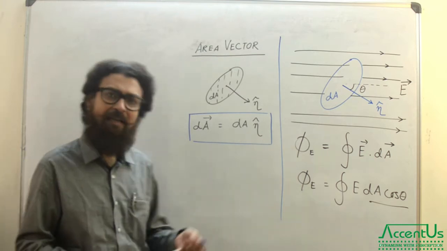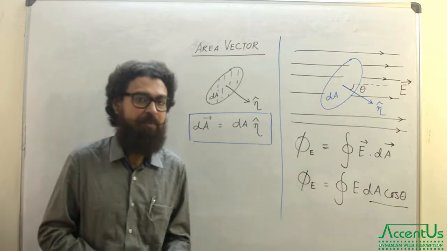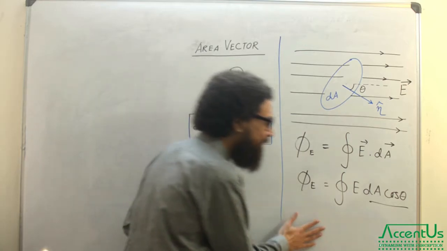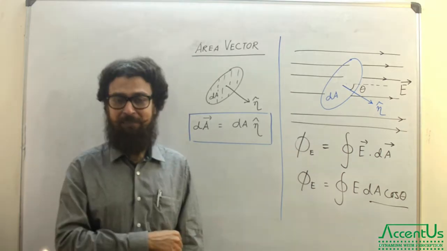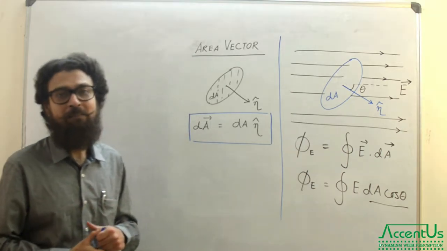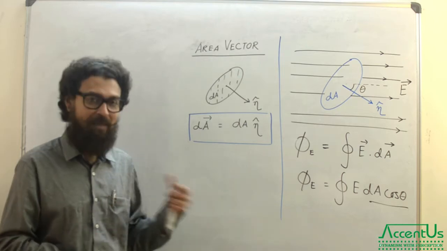Even some people write dS, no issue, it's up to you. Since I am Arijit, I prefer dA. So this is the expression, this is the concept of electric flux, and now my dear students, we will move into the actual topic of Gauss's theorem. Okay, let's check it out.